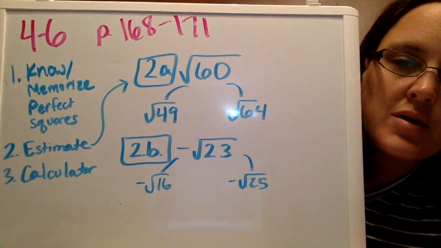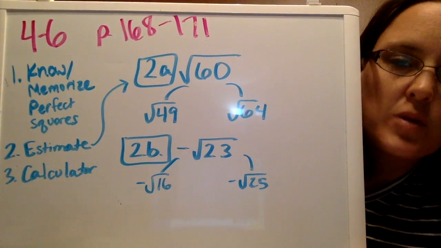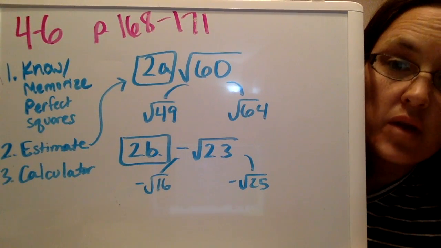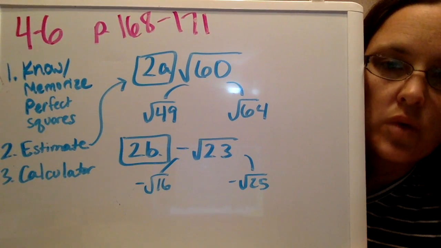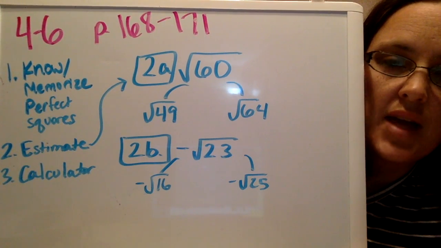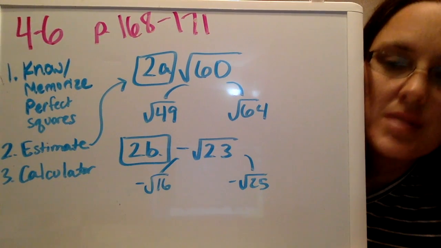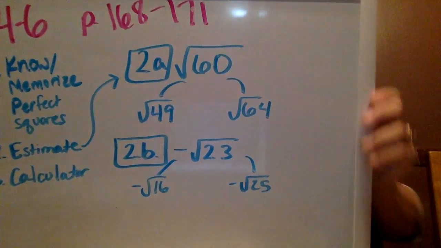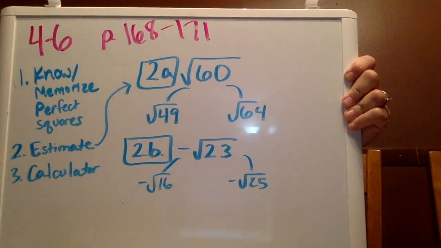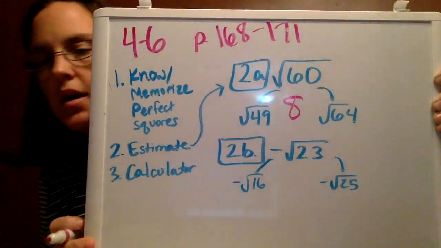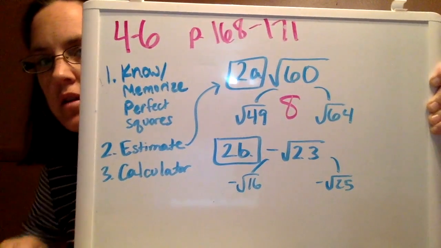So for 2a, the square root of 60 is not a perfect square, but it does fall somewhere in between the square root of 49, which is 7, and the square root of 64, which is 8. Because 60 is closer to 64, we're just going to estimate that answer to be 8. Okay, and then we'll check with the calculator.